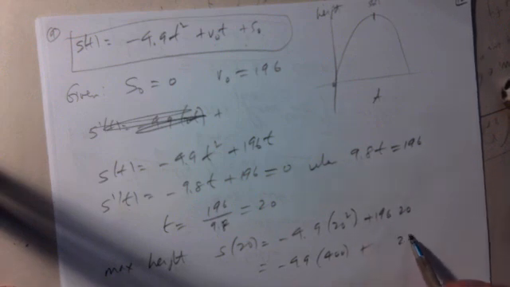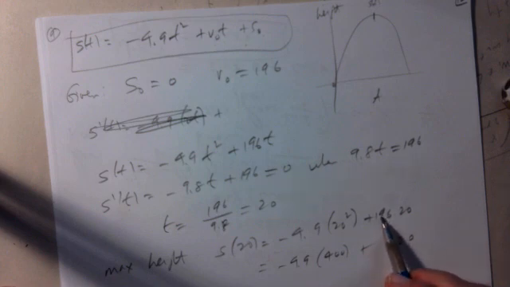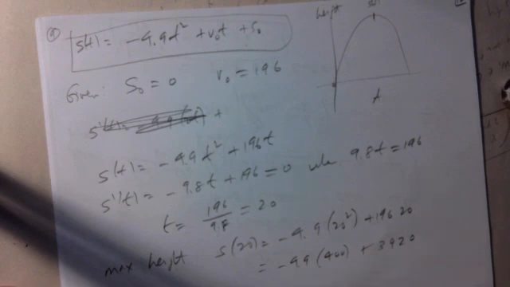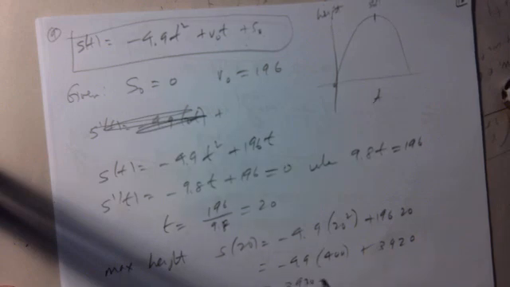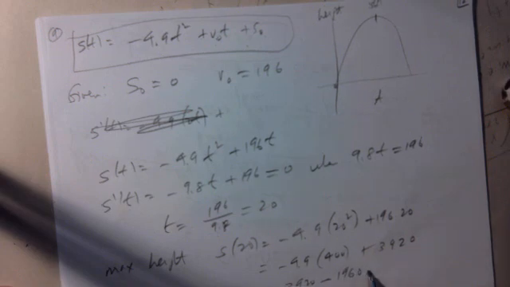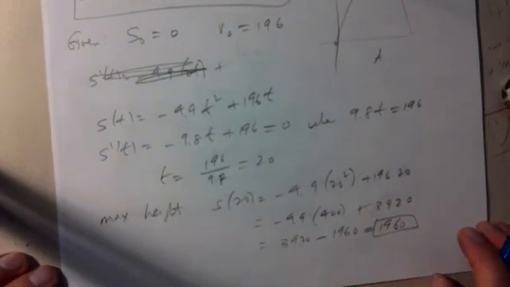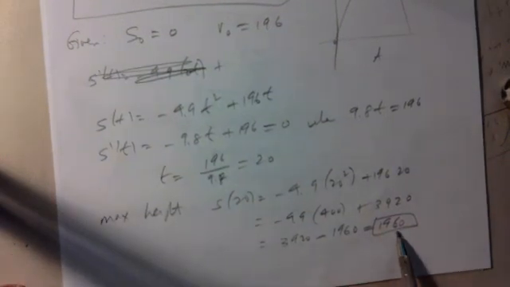This is minus 49 times 40, I think 1960, and 3920 minus 1960 is 1960. So if this is right, this is the maximum height.